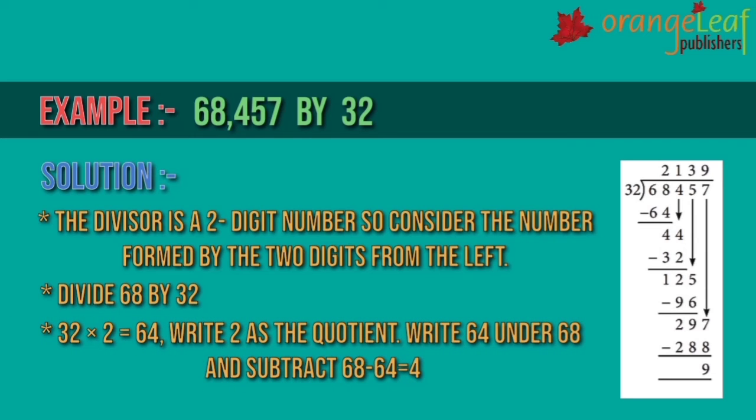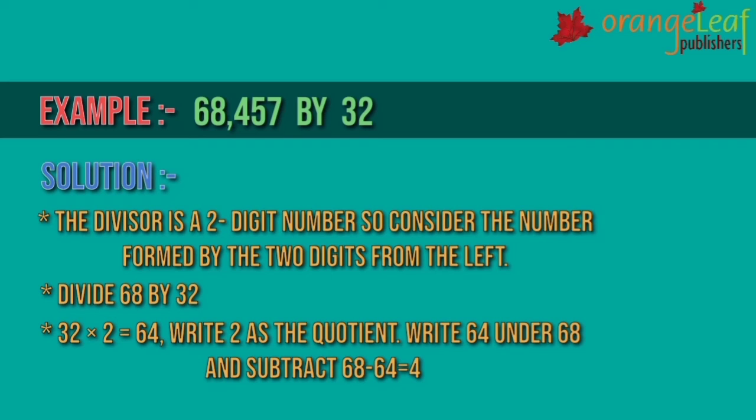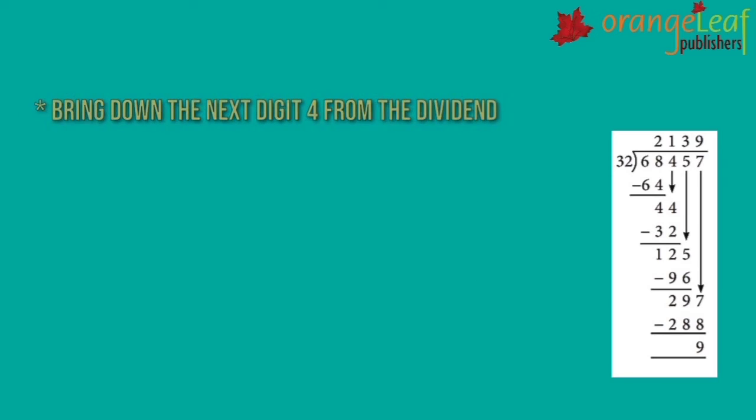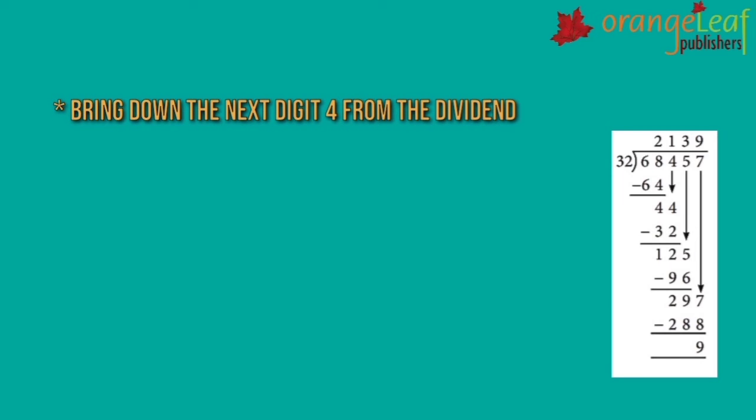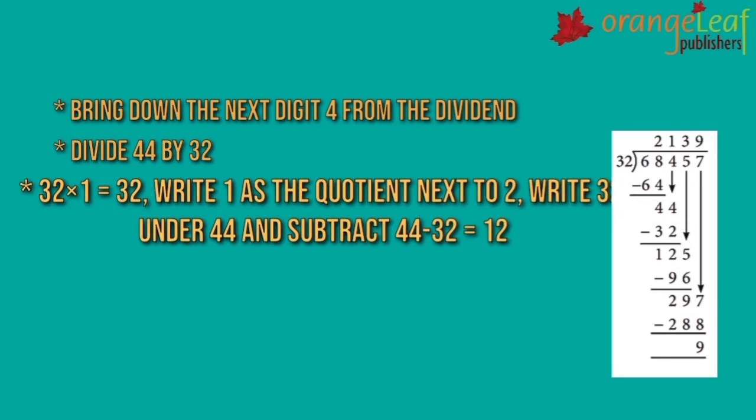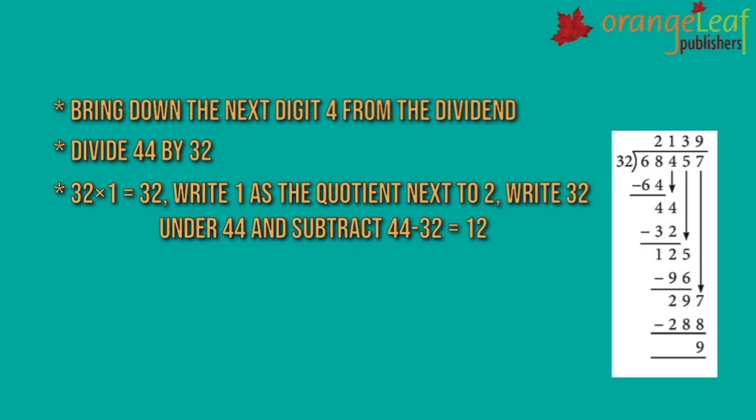Write 2 as the quotient. Write 64 under 68 and subtract: 68 minus 64, which gives us 4. Bring down the next digit 4 from the dividend. Divide 44 by 32. 32 into 1 is equal to 32. Write 1 as the quotient next to 2. Write 32 under the 44 and subtract it. 44 minus 32 is equal to 12.